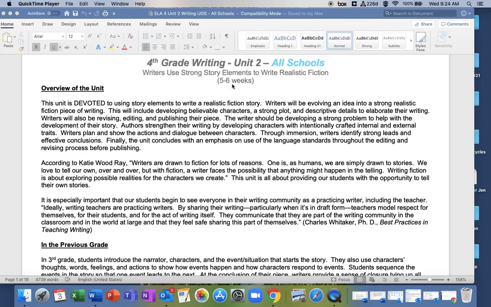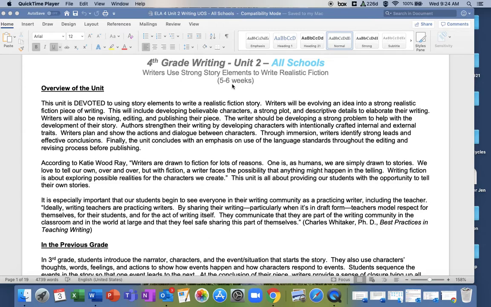So knowing that in your mind, it is also important to pull out the district's assessment calendar. And within that calendar, it'll tell you when each unit and when the grade level is to assess. So having that and also knowing how long the unit is projected to be, it's important to work backwards.